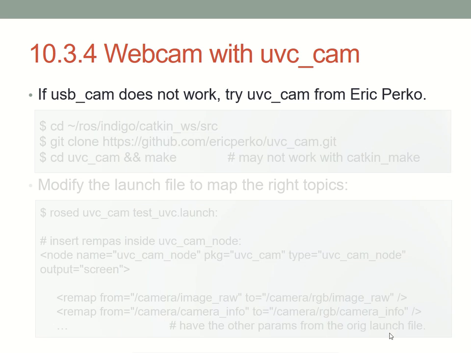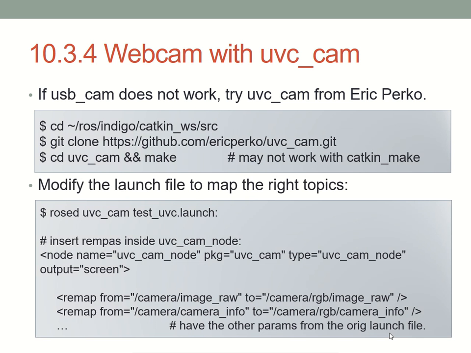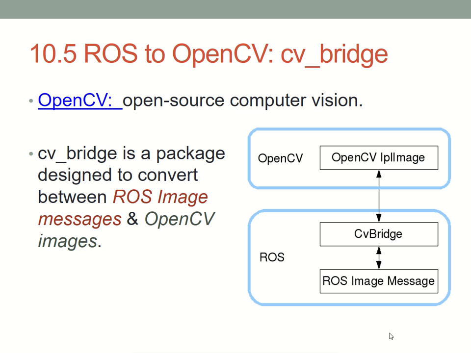You can try UVC cam, but I think it's not working anymore. And now let's go to the CV bridge and see what CV bridge is doing. So ROS has one way of representing images, right? What is the message that we use for images?